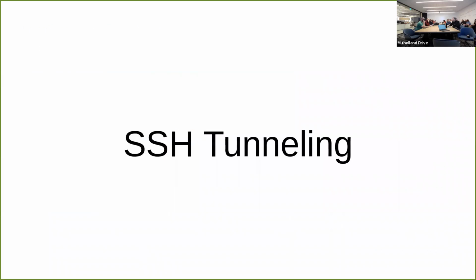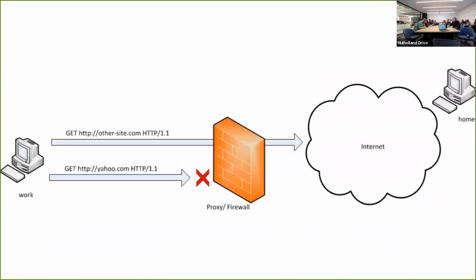Okay, another trick, SSH tunneling. SSH tunneling is super useful because most things will allow SSH through. It's just the de facto standard for web administration. You can point it to different ports. It's super versatile. So typically in a firewall, you can SSH out through the firewall, but you can't go from outside the internet back into your network.